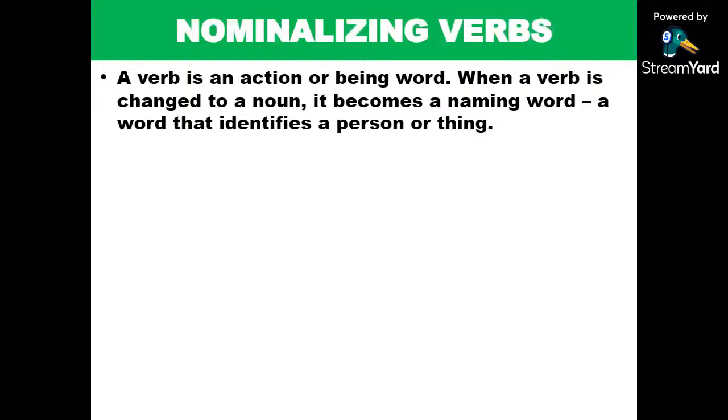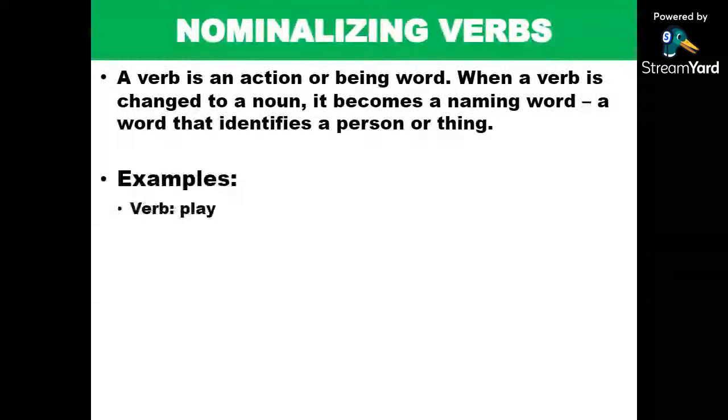So when you use a verb, you express an action or a state of being. But when you use a noun, you name a person or a thing. So you can see when we change a verb to a noun, then you can see the difference. Let's look at some examples.